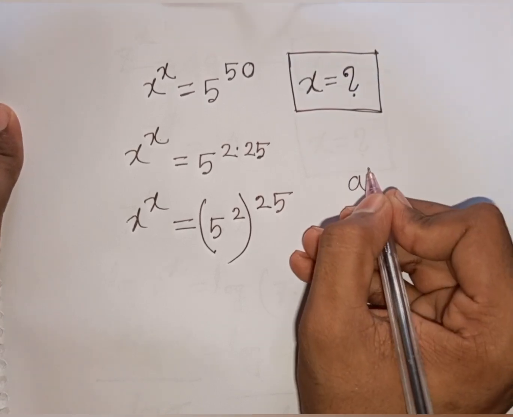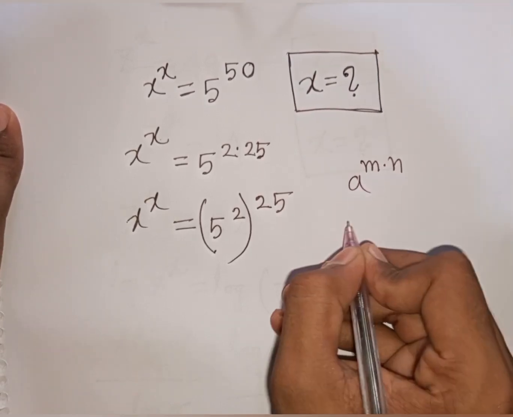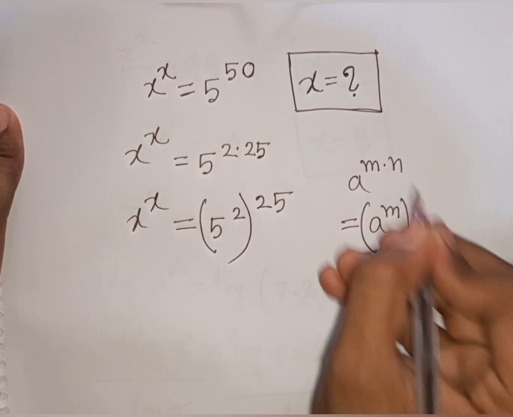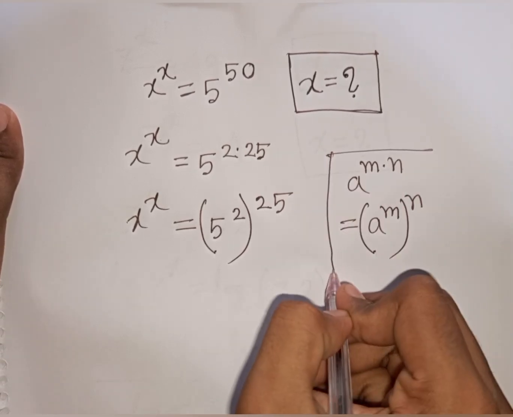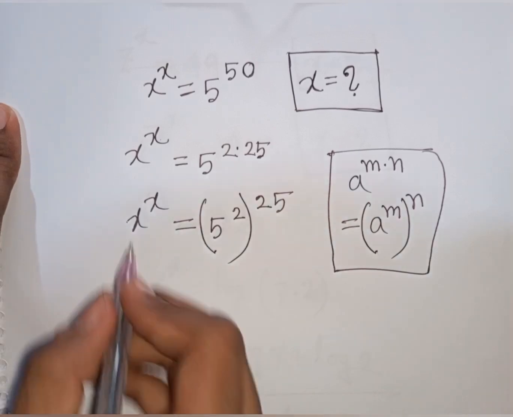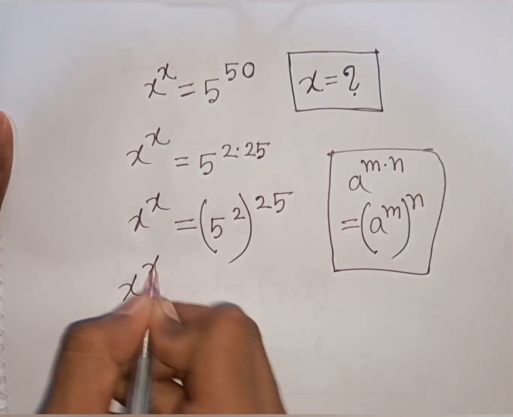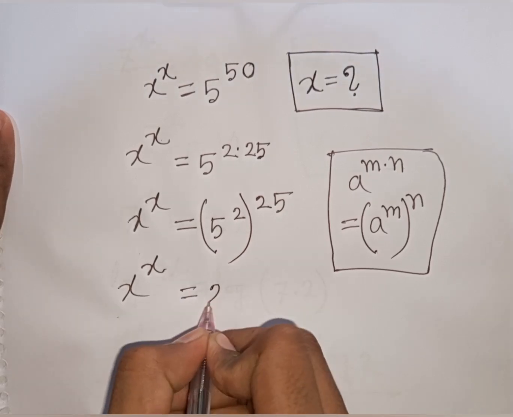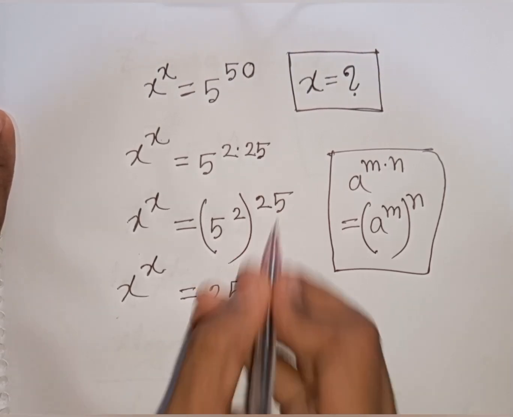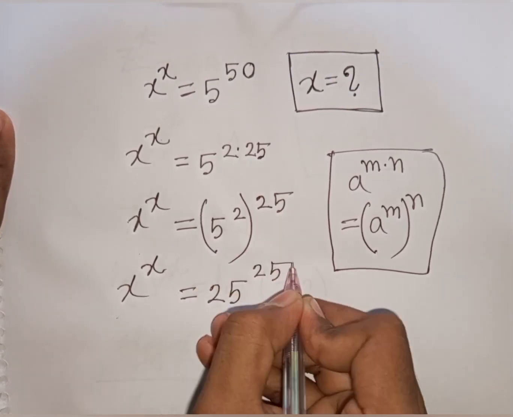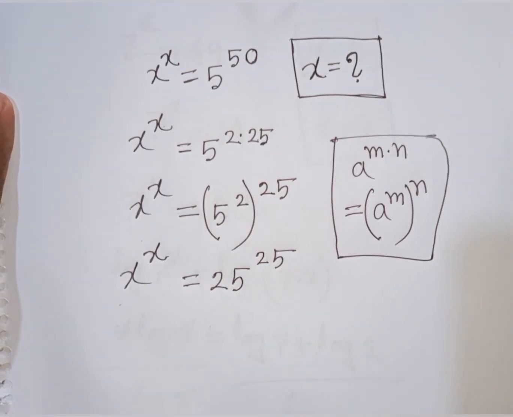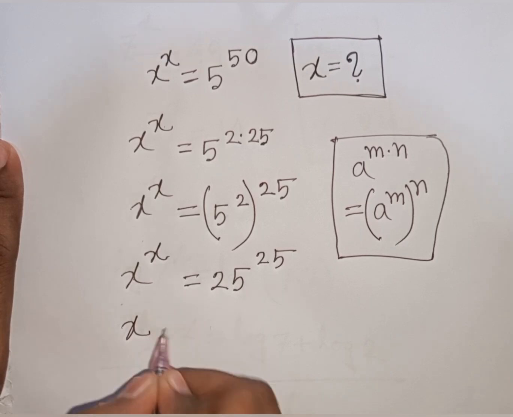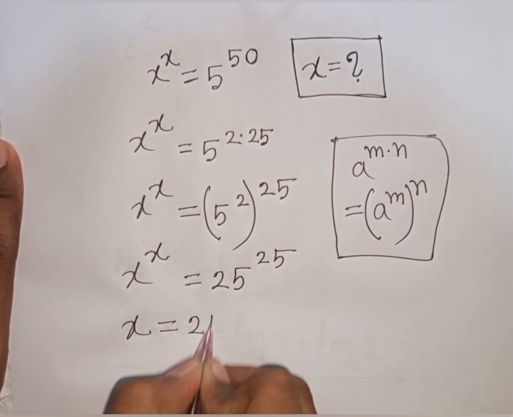According to this rule, a power of m times n is equal to a power m bracket power n. Now we have x power x is equal to 5 power 2, which is the same as 25, then power of 25. Now from here x will be equal to 25.